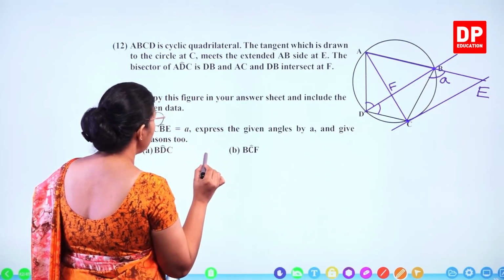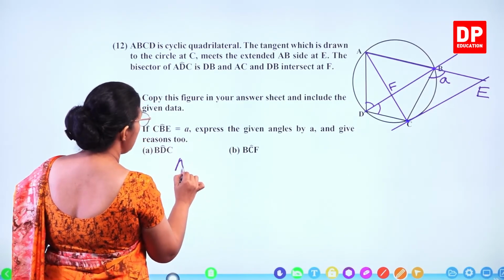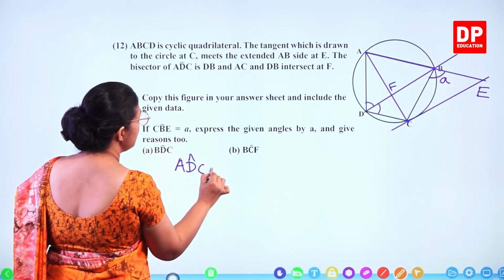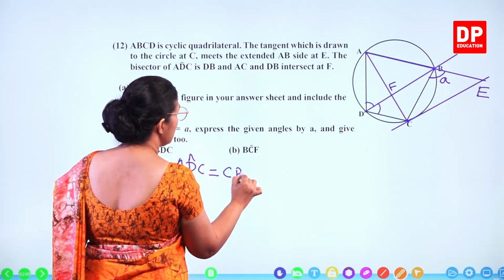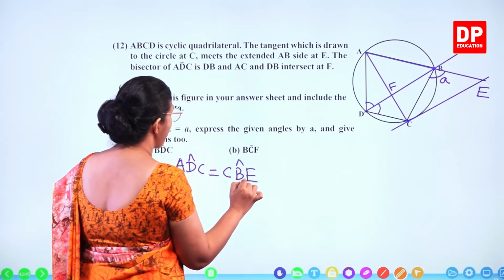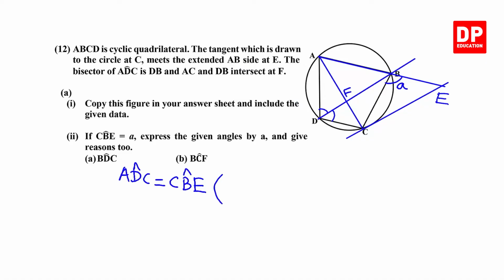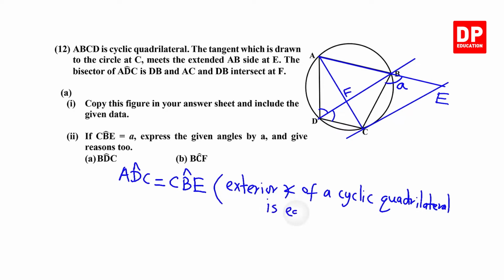So we can say ADC angle is same as CBE. What's the reason? Exterior angle of a cyclic quadrilateral is equal to opposite interior angle.